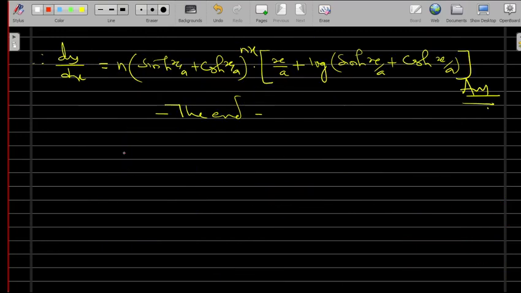So the last step is dy/dx equals y, which is hyperbolic sine(x/a) plus hyperbolic cos(x/a) to the power nx, times x/a in the first part, and the second part is log hyperbolic sine(x/a) plus hyperbolic cos(x/a). This is the last solution of this.